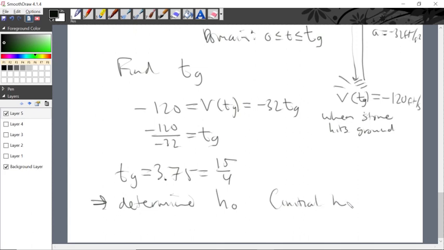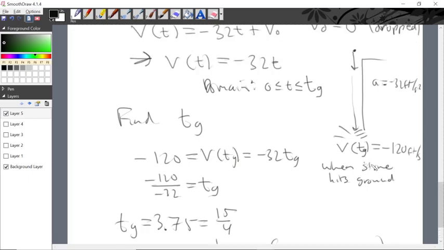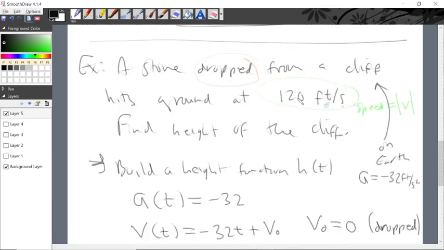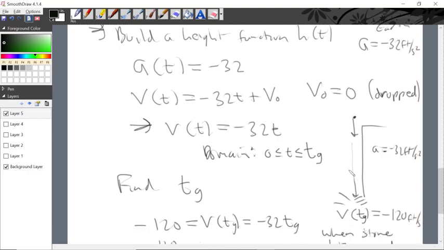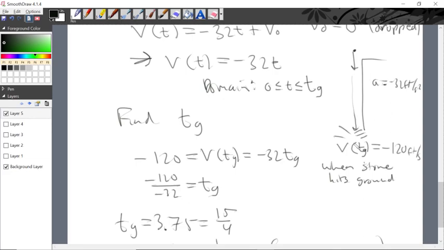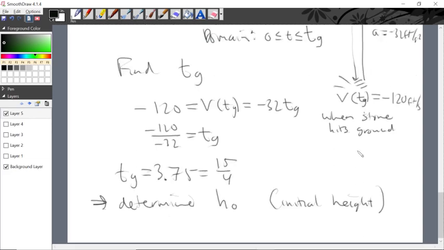If you were building this as a position function, earlier I said if you kept 120 positive and made a positive as well, then you're looking at a position function. So you're determining its distance traveled, and you would want to find the distance that it traveled over this time interval. But I'm building this as a height function.